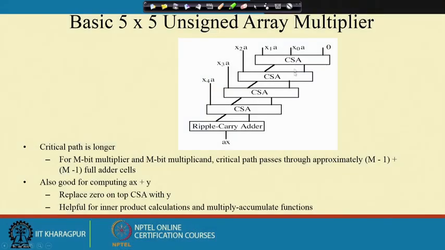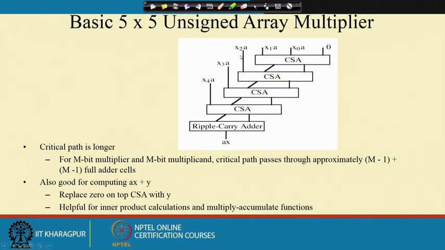Then this is the basic 5 cross 5 unsigned array multiplier. In the array multiplier, the corresponding terms come through the carry save adder, which produces sum and carry.